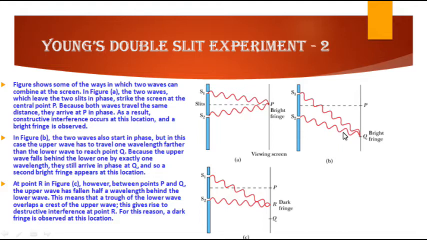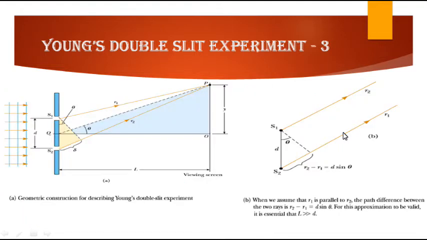Now we'll study the geometrical construction described by Young's double slit experiment, that is figure A and figure B. We have written that when we assume that R1 is parallel to R2, the path difference between the two rays, R2 minus R1, is equal to d sin theta.